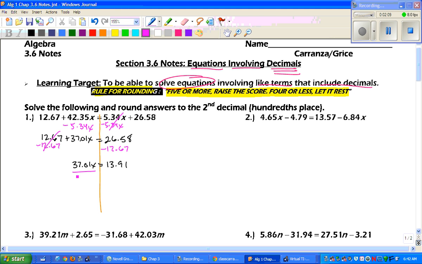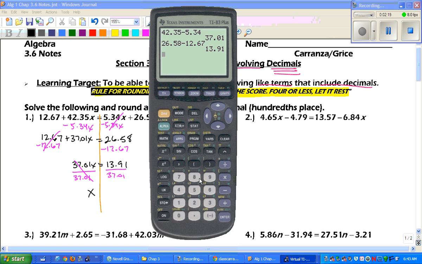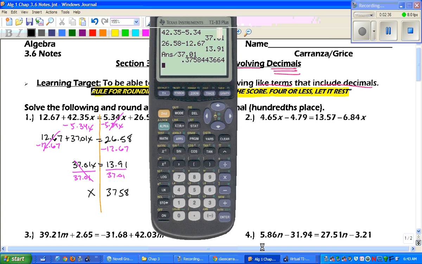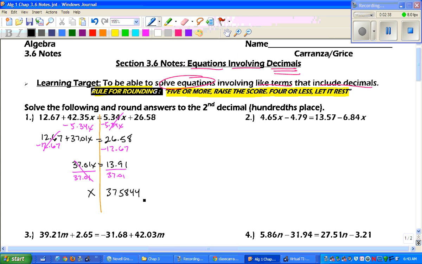So far, not too bad. Divide by 37.01x. So we got 13.91 divided by 37.01, and that equals 0.375844, and that keeps on going.